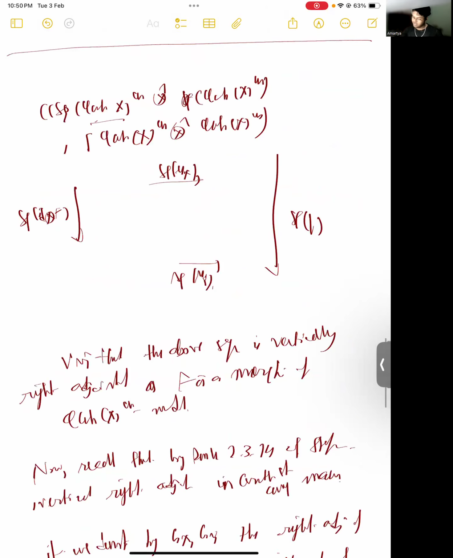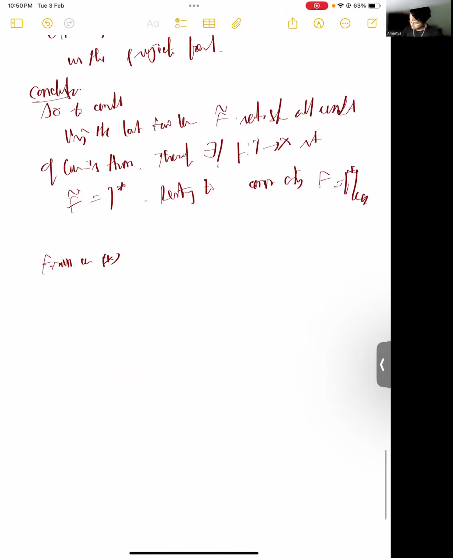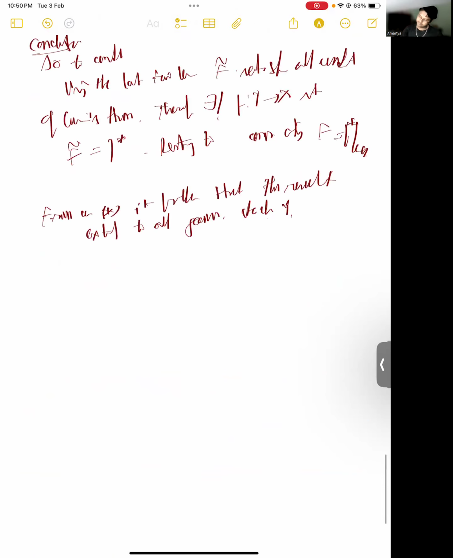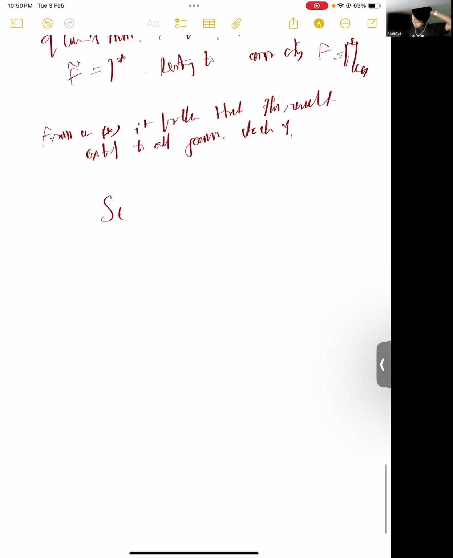So from corollary star, it follows that the result extends to all geometric stacks y. So that concludes my first theorem's proof.